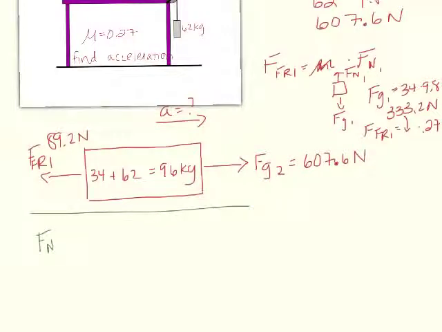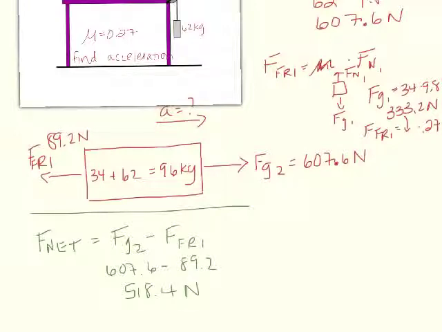F net is equal to Fg2 minus force of friction 1, which would be 607.6 minus 89.2, which is 518.4 newtons.